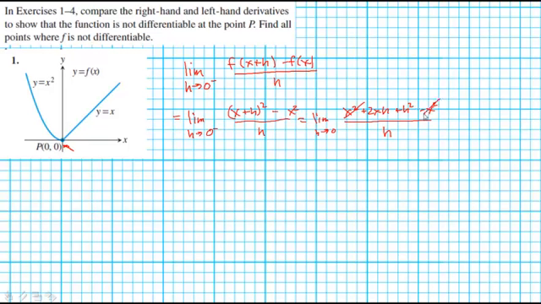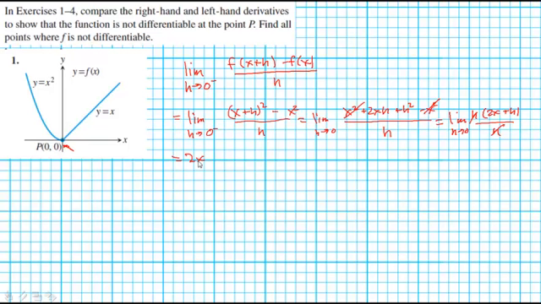These x squares cancel. That leaves us the ability to pull out an h, giving us 2x plus h over h. These h's cancel, and when we use the substitution process, we end up with 2x.